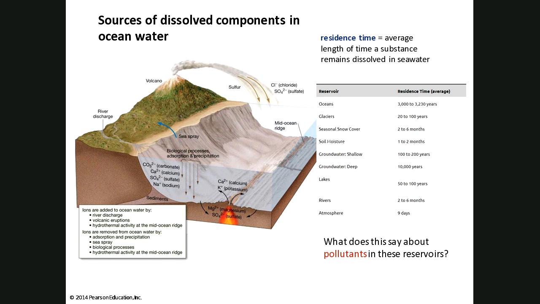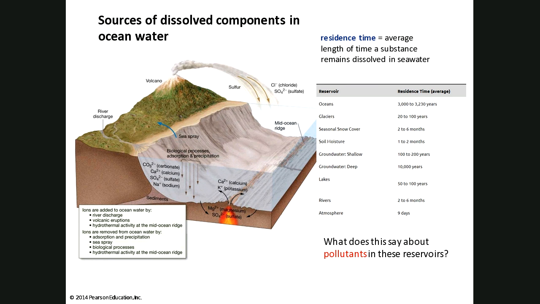And where things collect, like lakes and oceans eventually, or even in glaciers, we got to keep in mind, as I asked the question down below, that residence time and pollutants are very important. Even though the ocean's really big, it has a very long residence time.